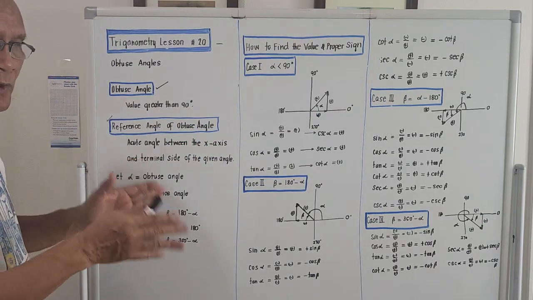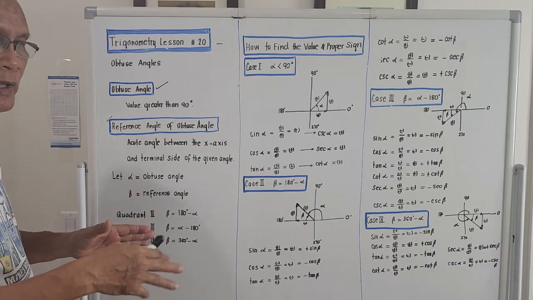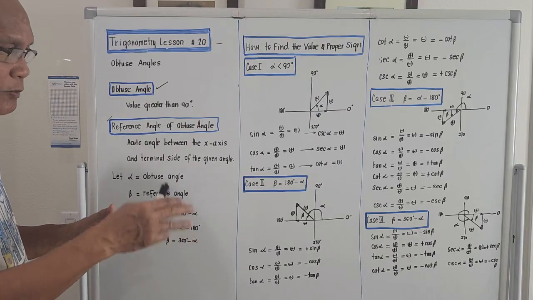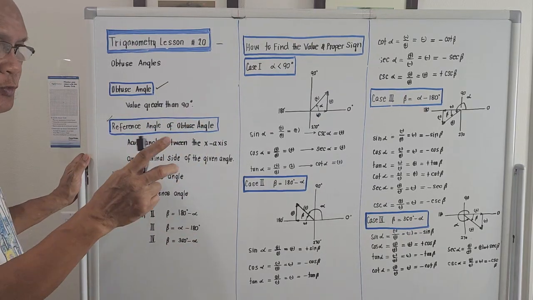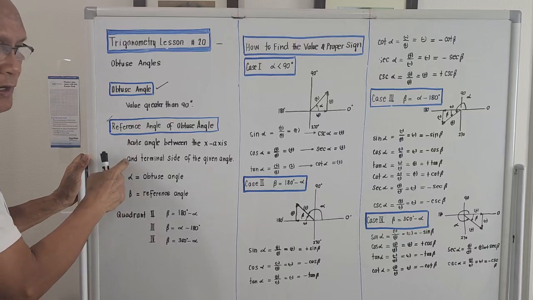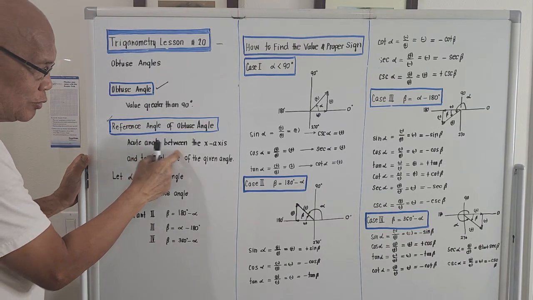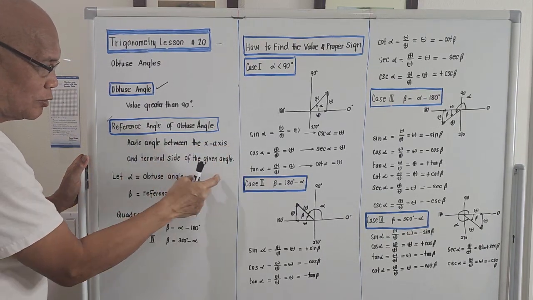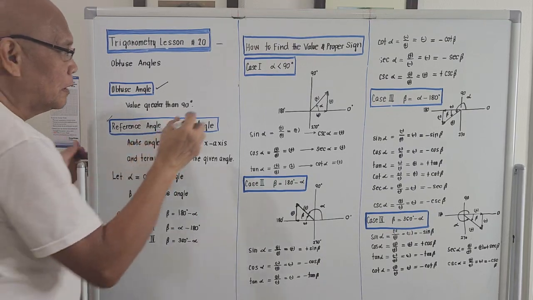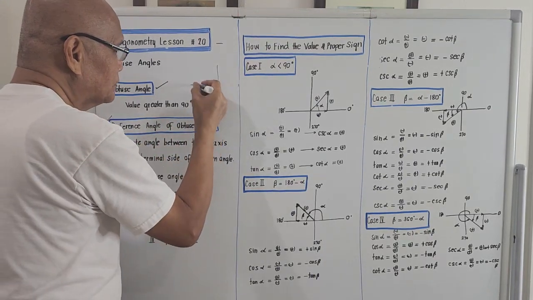We needed the reference angle to get the equivalent values for that obtuse angle. So if we try to define what a reference angle is, it is an acute angle between the x-axis and the terminal side of the given angle.